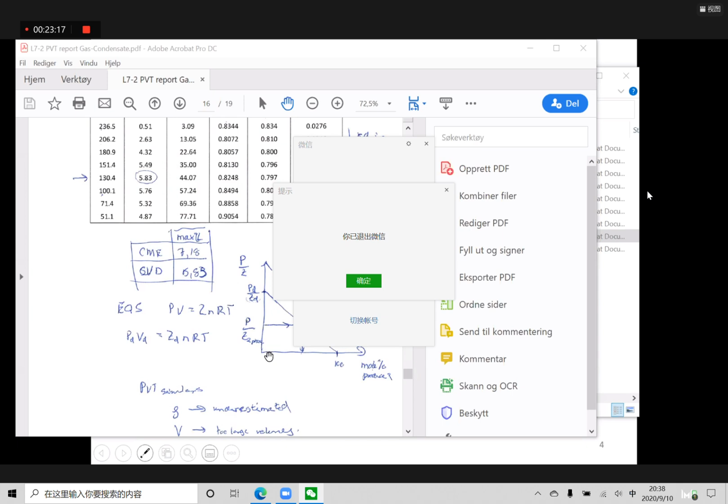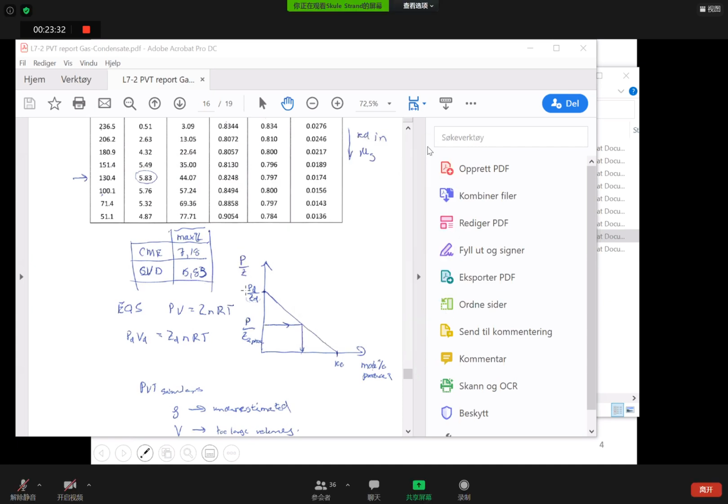So if you want to evaluate the production as we're going from the dew point and further down in pressure, we can look at the plot P over Z at the individual pressure stages, and then we can estimate how much of the fluid will be produced. It will be more or less a linear line in the plot.